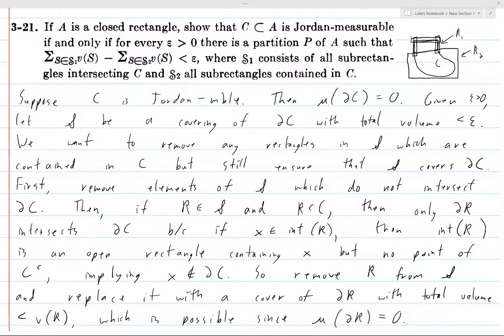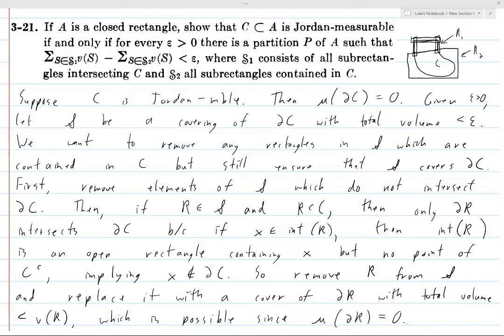But yeah, so what have we done now? We've taken R, we've removed it, but removing R could make it so that this collection S no longer covers some points which are in the boundary of C. So in order to make sure they're still covered, you have to cover the boundary of R, because only points that were in the boundary of R could have been in the boundary of C. So you cover the boundary of R and you've still included all the points from the boundary of C. And of course we can do that.